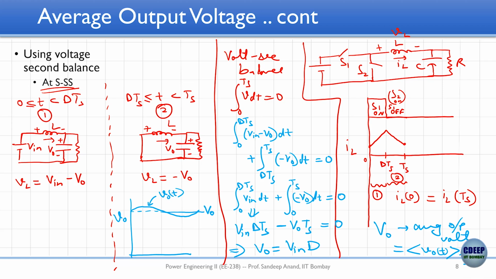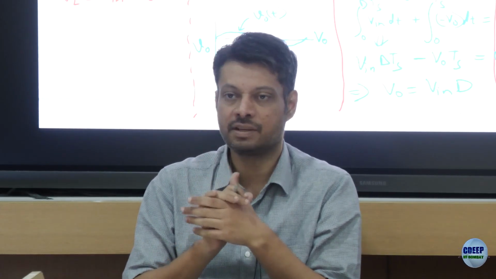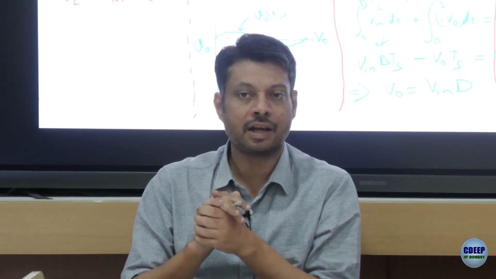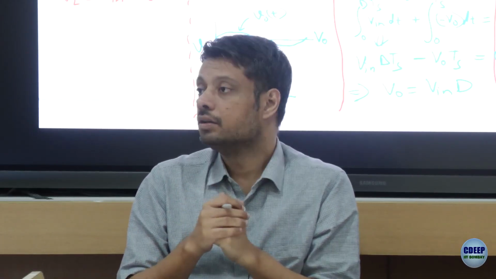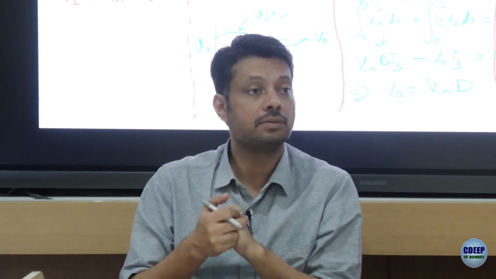So capital V naught is the average value of the output voltage. But since we are considering small ripple for this course, it's safe to assume both are one and the same. It's safe to assume that output voltage is almost constant. Any question, any doubt?